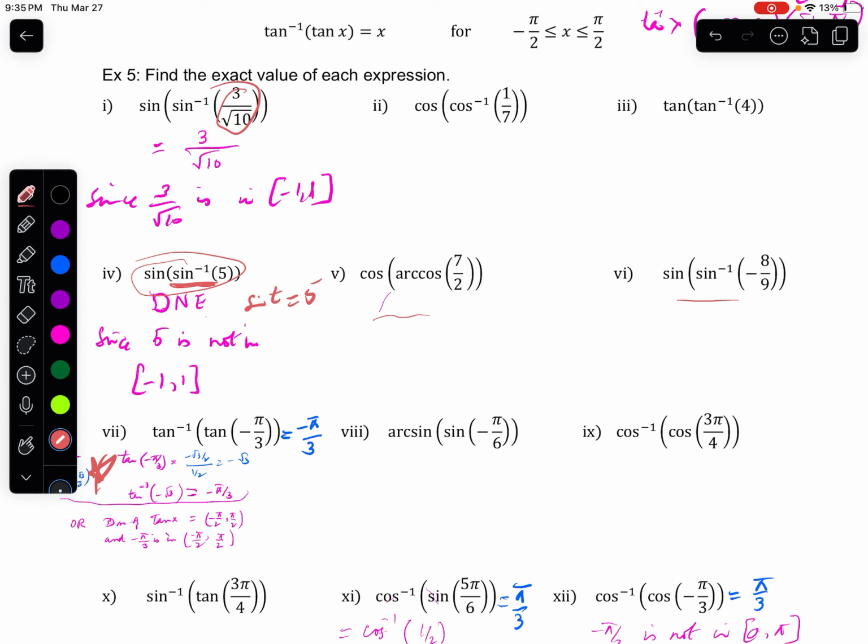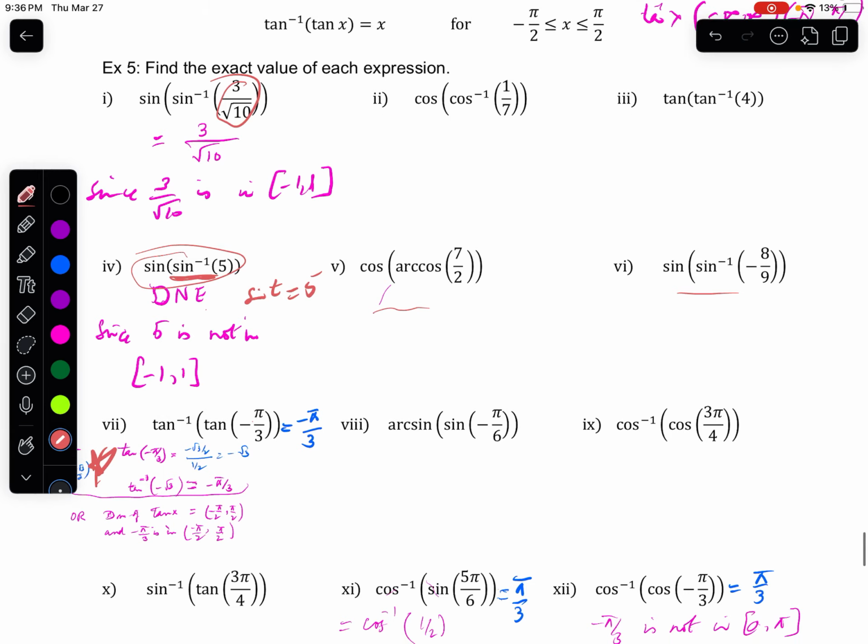So this is tangent inverse of tangent of negative pi over 3. Now remember, you will not always get the argument, the value, as your answer. You will get it only if that value exists in the domain of the inner function.